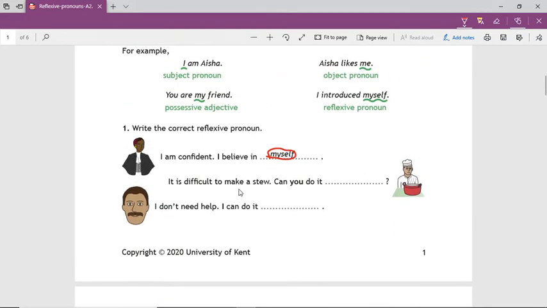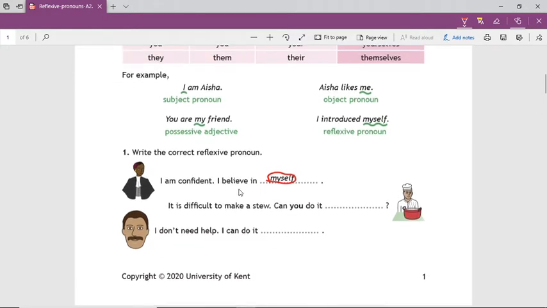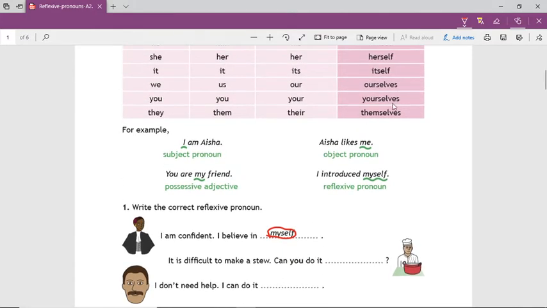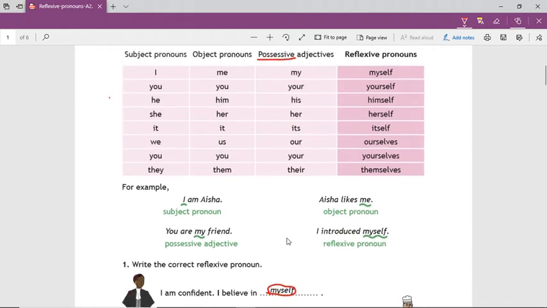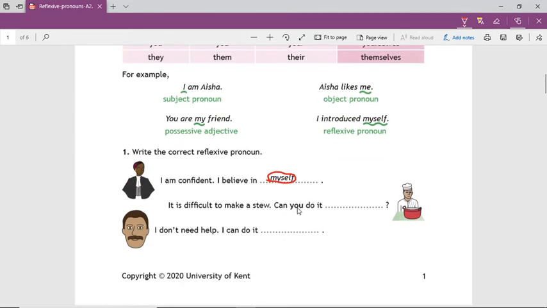Right, so just going over this, back to the start. It is difficult to make a stew. Can you do it? You. So the correct one is yourselves. Now, in this situation, we don't actually know whether it's singular or plural, but considering the picture has got one person, it's probably going to be singular, so I'm going to put yourself.